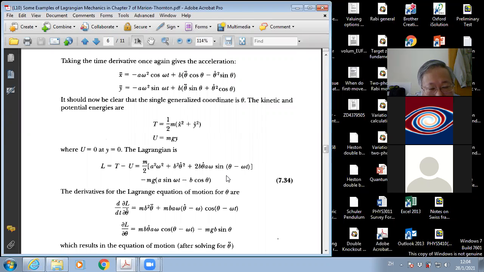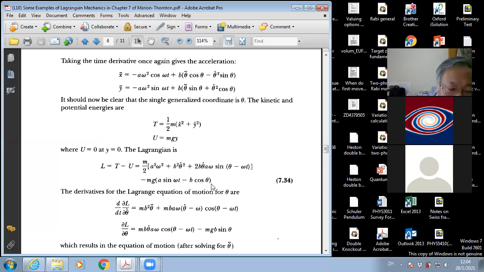Now you can see that the fundamental generalized coordinates involve only theta, right? You can see it here. No x, no y, no x dot, no y dot appear in this expression.